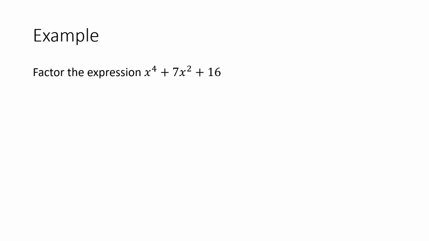So suppose we're given x to the 4 plus 7x squared plus 16. Our exponents are 4 and 2 and 0, and we have a first term of x squared quantity squared and a last constant term of 4 quantity squared. Since we have those, let's see what x squared plus 4 quantity squared equals.